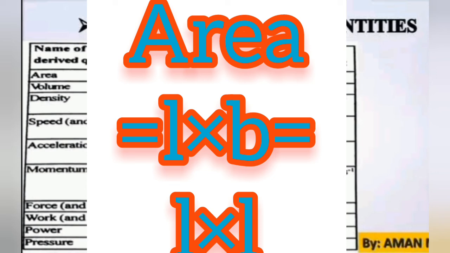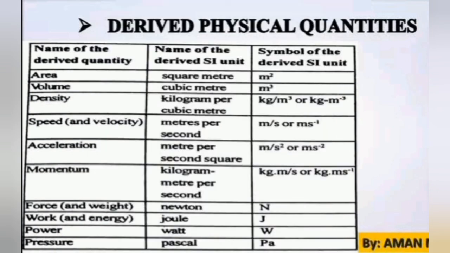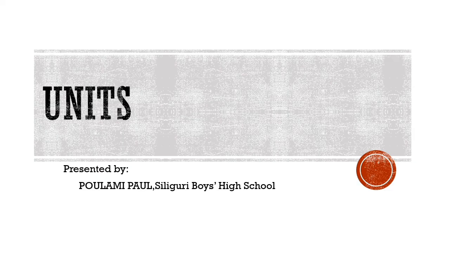That means area is equal to L squared, or length squared. So the derived unit here is area, where two fundamental units, that means length and length, as breadth is also length, so length is used, which is a fundamental unit. So it is clear that derived units can be formed with the help of one or more fundamental units. You all enjoyed?